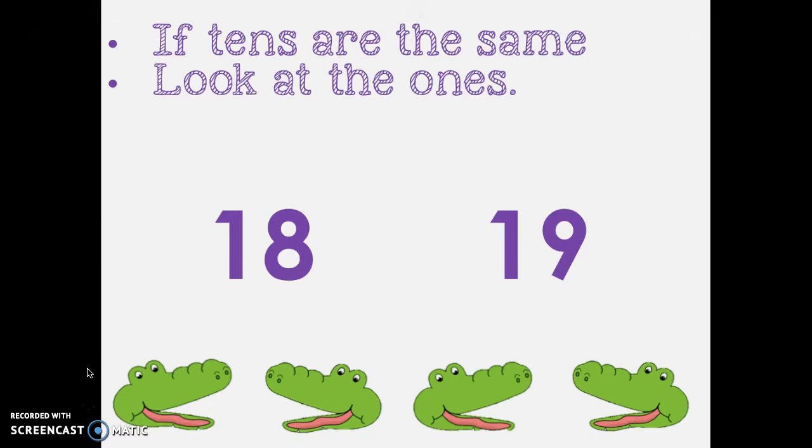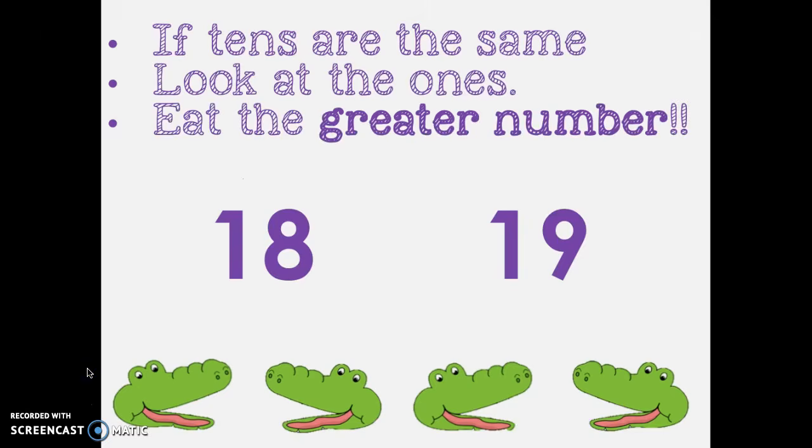Uh-oh, I for sure need to go look at the ones to see how they're different. Remember, he's going to eat the greater number. So let's see. There is 8 ones in 18 and 9 ones in 19. Friends, which way is the alligator's mouth going to open up? Yeah, you're right, to the 19 because he wants to eat the greater number.